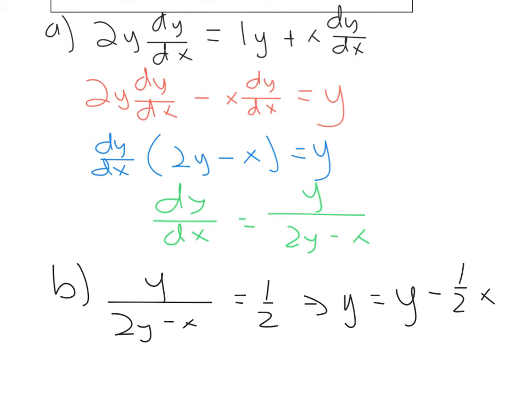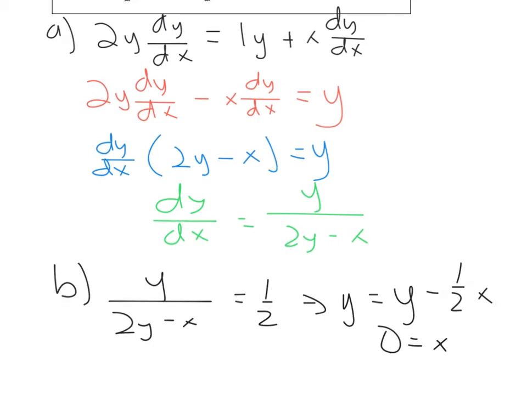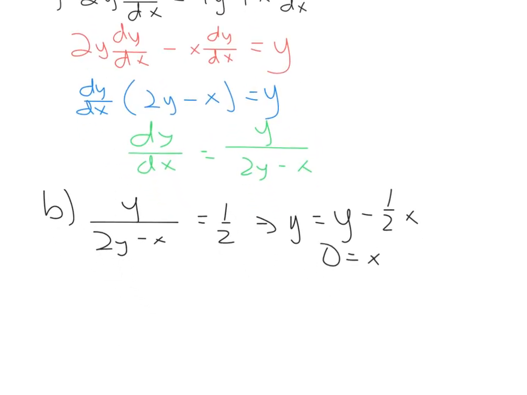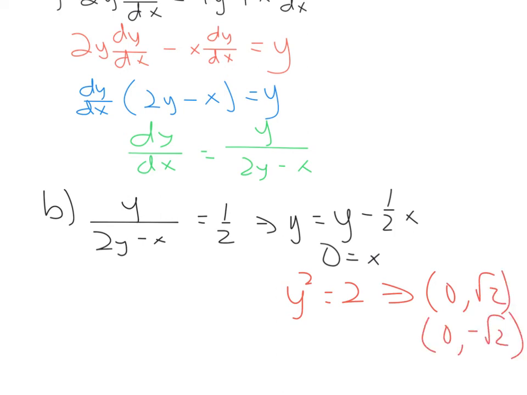And that means x equals 0, since the y's cancel. And if x is 0, then y squared is 2. So the points are 0, root 2, and 0, negative root 2. Don't forget plus or minus.